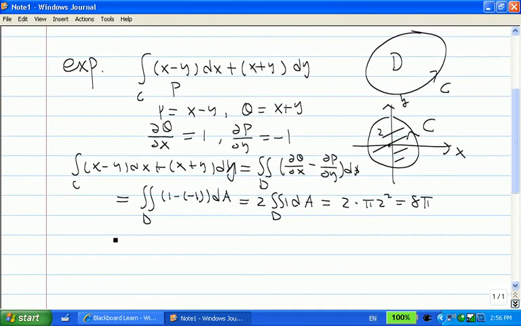Or you can integrate this using polar coordinates, 0 to 2 pi and 0 to 2, r dr d theta. You are going to find this gives you 2 times that, which is 8 pi.